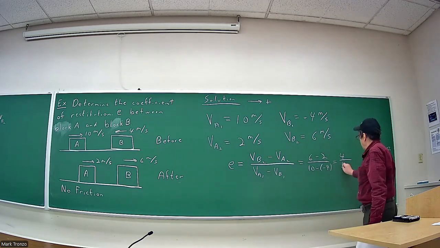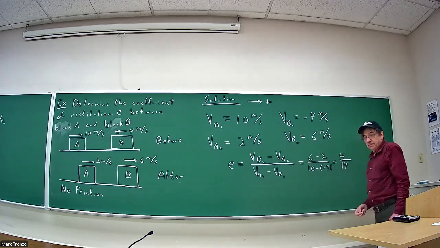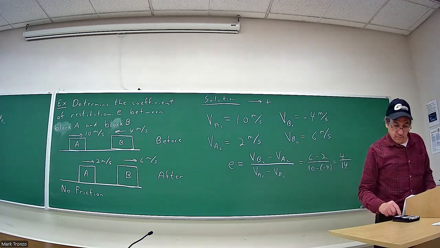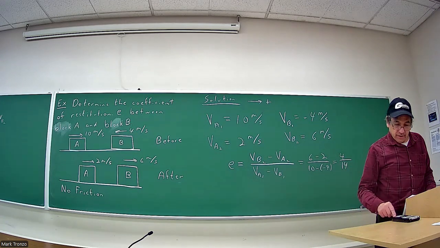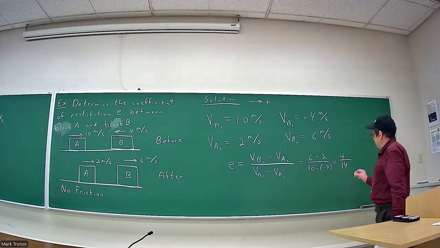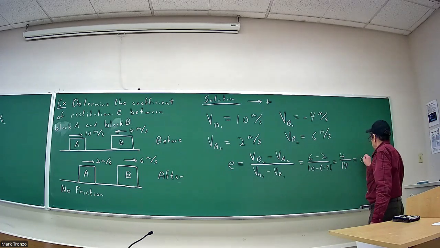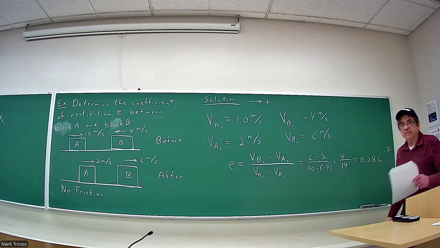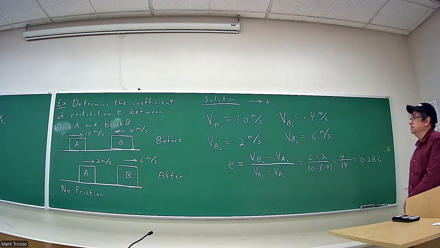So it's going to be 4 divided by 14. If you put that in your calculator, that's going to give you around 0.286. And that's the coefficient of restitution of this event.